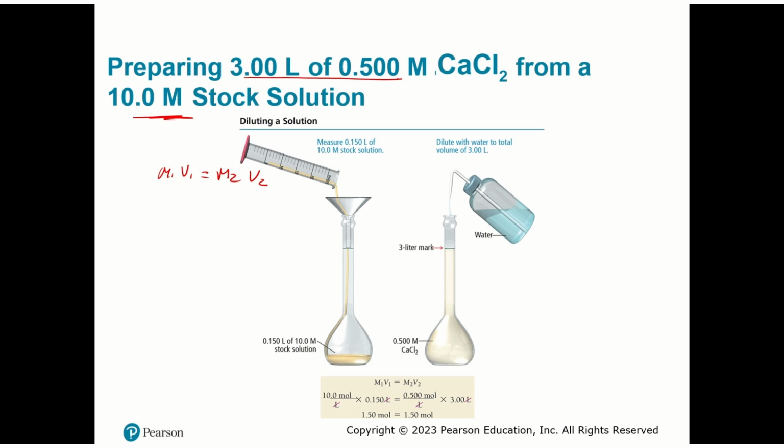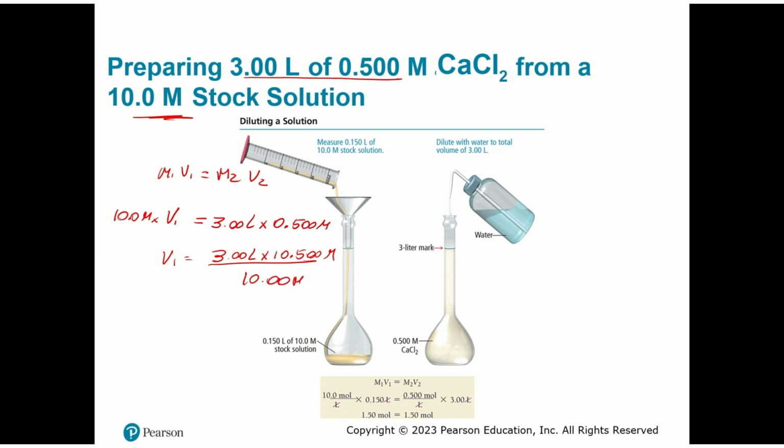I want to produce 3 liters at 0.500 molar, and what I have is 10 molar, and I need to know the volume I need to use to have that concentration. So I'm going to solve for V1, and it will be 3 liters times 0.500 molar divided by 10 molar.